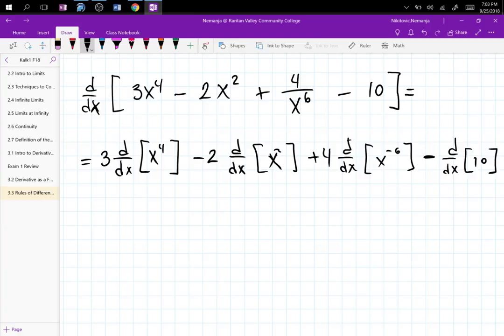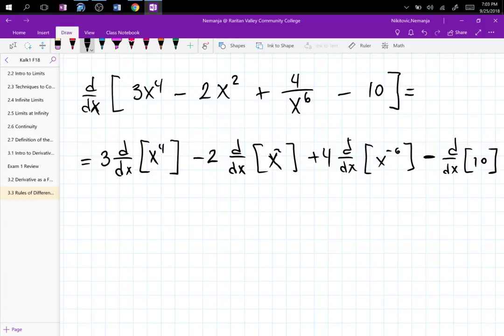So what I have done here is I went from the long expression, 4 terms, into 4 individual derivatives on basic functions, which we all covered in those first 2 formulas.